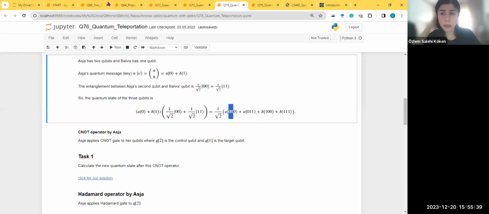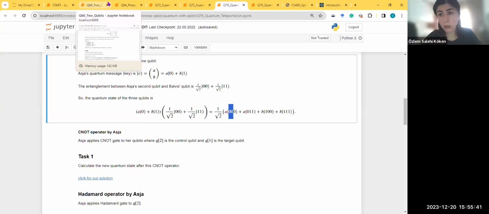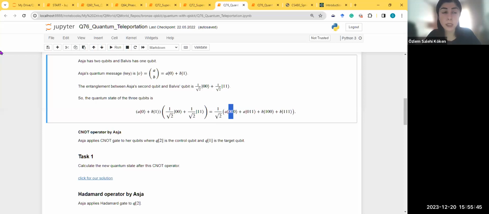So remember CNOT. If the first qubit is 0, nothing is changing. If the first qubit is 1, then on the second qubit we have NOT. So this will stay the same. But here this will be 110. And this will become 101.